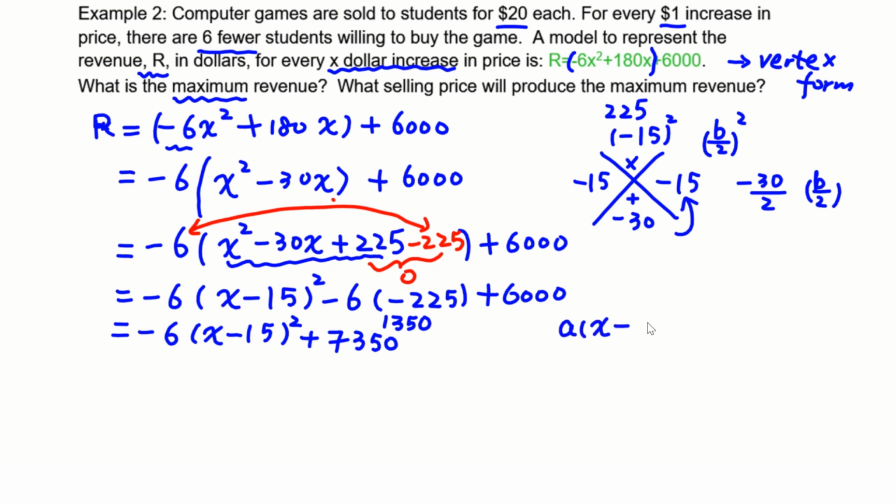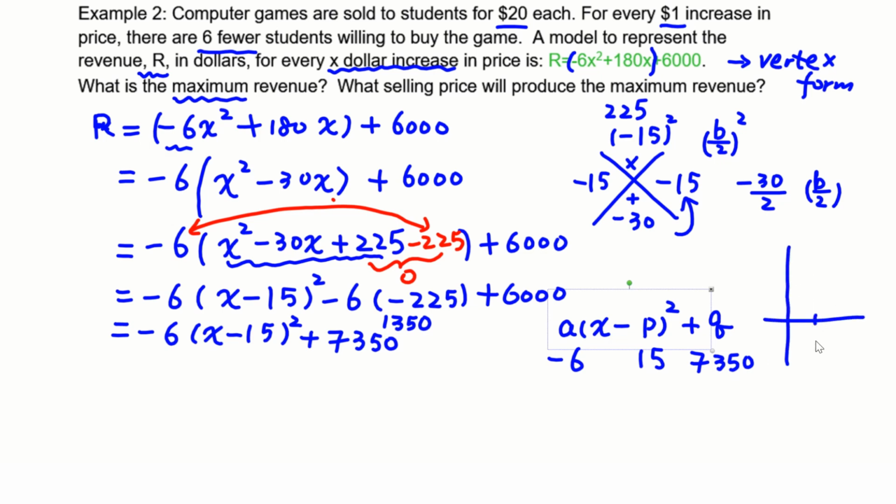Then from this one, compare it with vertex form. a bracket (x - p) bracket squared plus q. So a value is -6, p value is 15, q value is 7,350. So on the graph, if we sketch it, p value is the x coordinate, q value is the y coordinate.